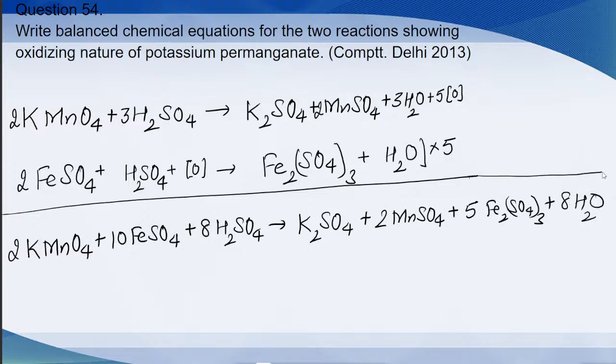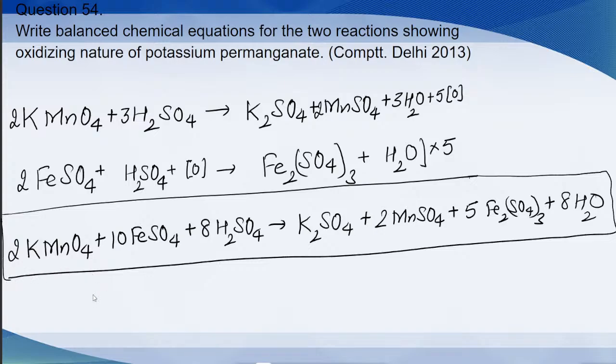Just check, is it balanced? Potassium 2, okay. Manganese 2, okay. Iron 10, okay. SO4 10 plus 8, 18. Okay, 5 times 3 is 15, 17, 18, okay. Now what is left? 8 H2, okay.